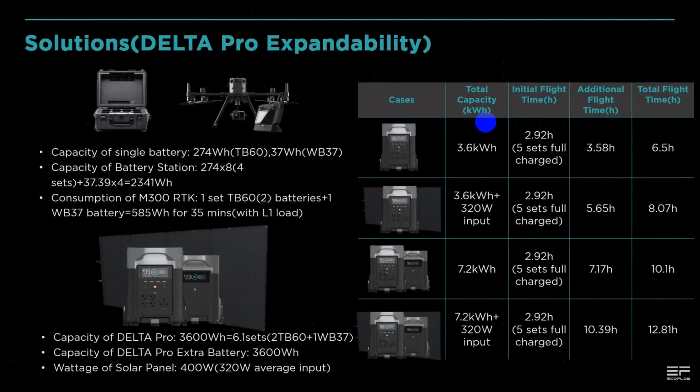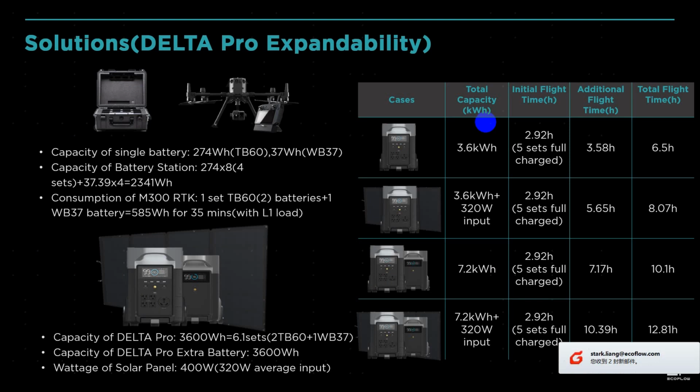For our Delta Pro expandability, the capacity of our Delta Pro is 3600 watt-hours, which is equivalent to 6.1 sets of 2 TB60 plus 1 WB37. If you only use one Delta Pro, the total flight time is 6.5 hours.